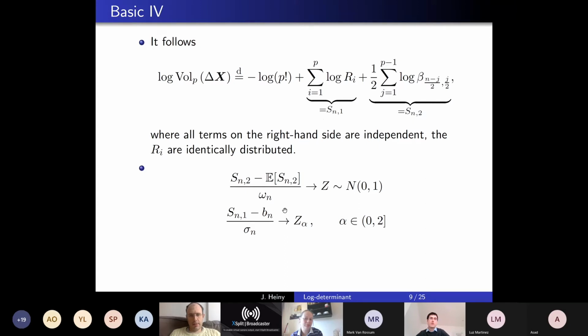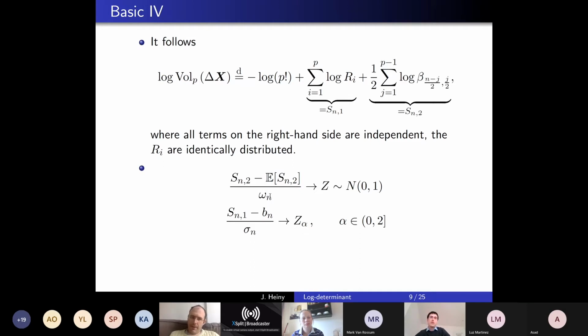For example, consult the book of Petrov, and you will find various formulas for how to choose this Bn and this sigma n. Then, depending on the distribution of this Ri, which is completely unspecified yet, you can, for instance, obtain an alpha-stable distribution, where with alpha less than 2 you have an infinite variance distribution in the limit, and for alpha equals 2 it's just a normal distribution again.